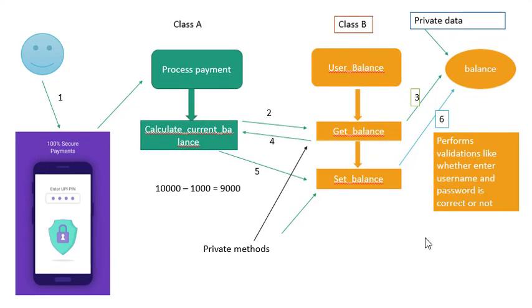The reason is, if you have a little bit of experience, you must have come across this scenario where there are get methods and set methods which are protecting some kind of data. So why does this happen? The whole thing is there to protect sensitive data.